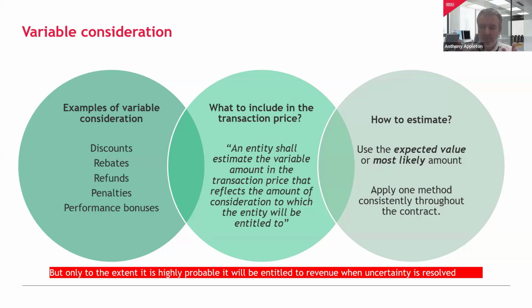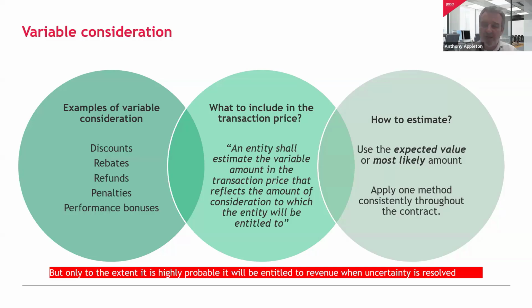If you look at the future possible outcomes and there's one which is the most likely, you can choose to use that as the basis for your transaction price. Whichever of those methods you apply, you have to apply them consistently.